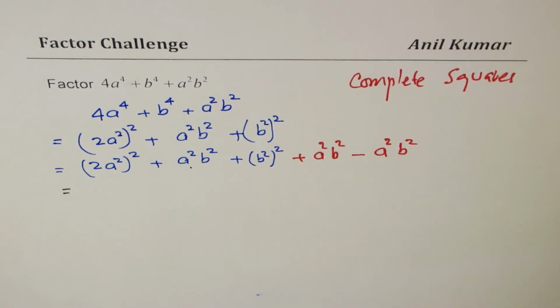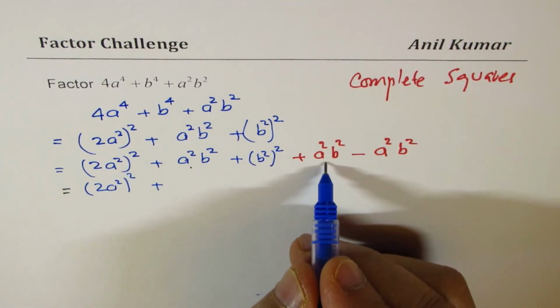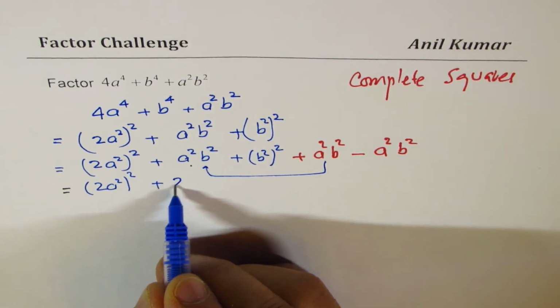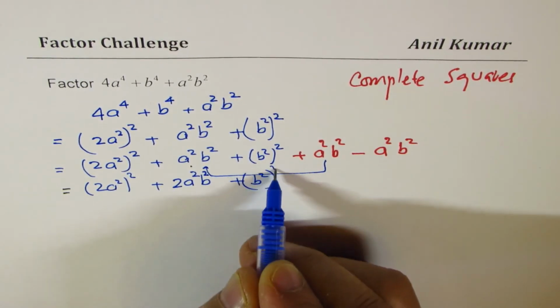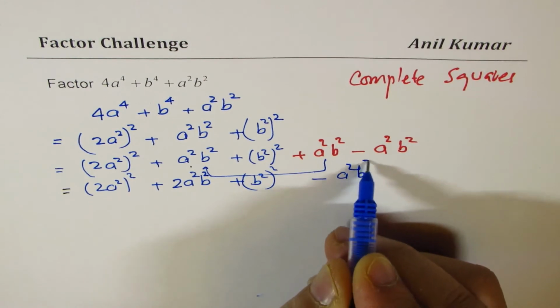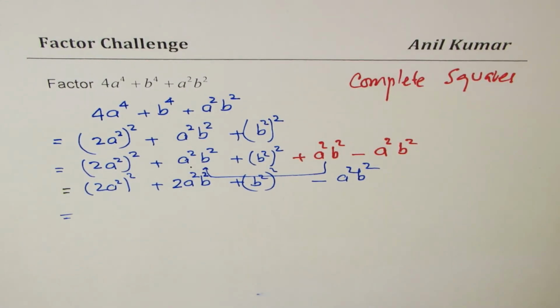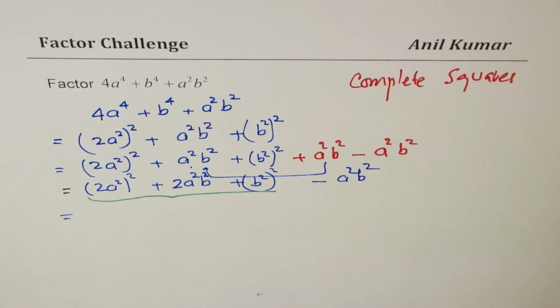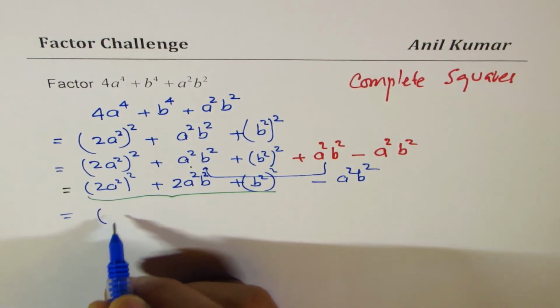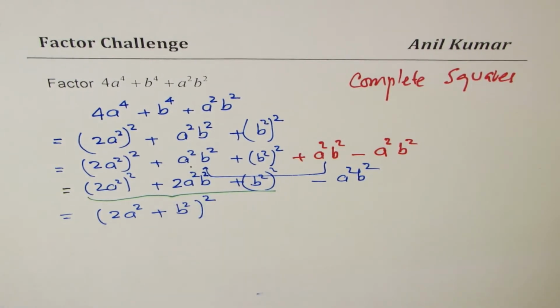So what we get here is 2a square whole square, and this, combining these two terms, can be written as 2a square b square plus b square whole square, and we have minus a square b square. Does it make sense to you? Correct? Now, these three terms right there can be combined and written as a perfect square. So we write this as 2a square plus b square whole square, correct?